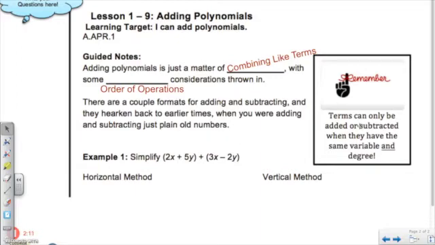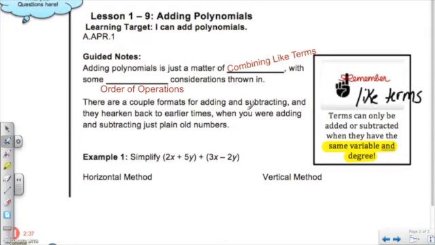It is important that you remember that you have to have like terms, which means they have to have the same variable and the same degree. So we put this little reminder here to make sure that you've got that. You might want to highlight that. They can only be added or subtracted if they have the same variable and same degree, which we call like terms.